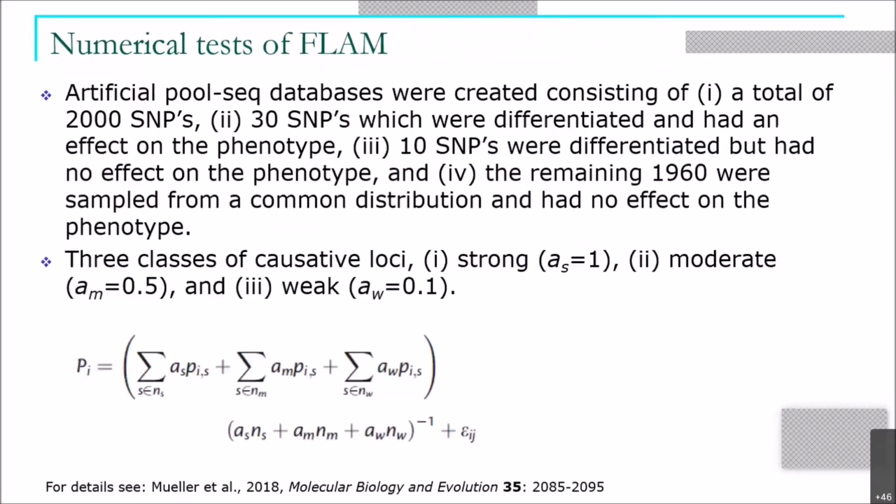Now in 2008, Larry Muller, together with some of the rest of us, did a numerical test, so this is entirely simulations, of how well FLAM would do if there were, in this case, 2,000 genomic features of interest.